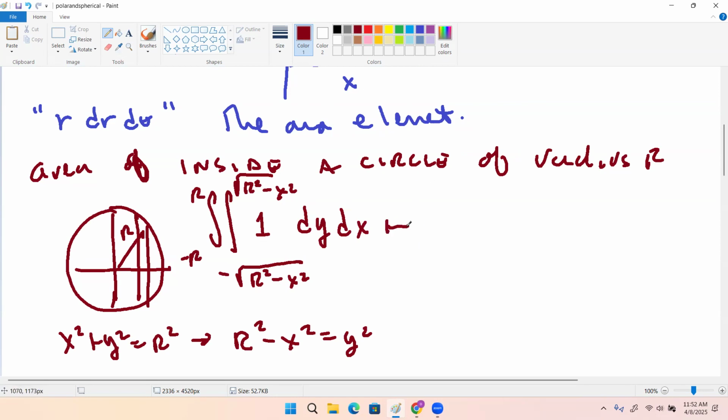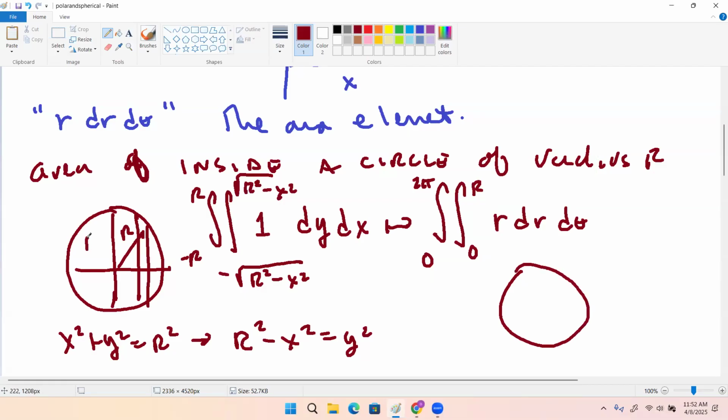And we were told that you have to transform this into this integral here. This was your r dr d theta. Your r went from 0 to big R, and your theta goes all the way around. And in the polar system, instead of taking these little dx dy blocks, we had these little things that look like this, where this was a dr and d theta, and we added those up.